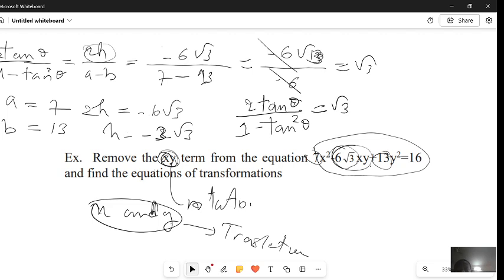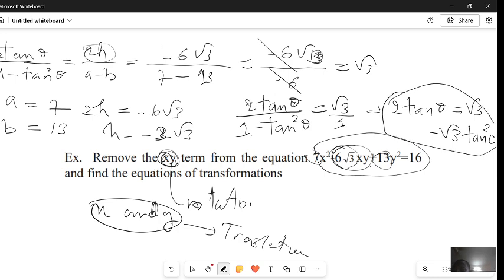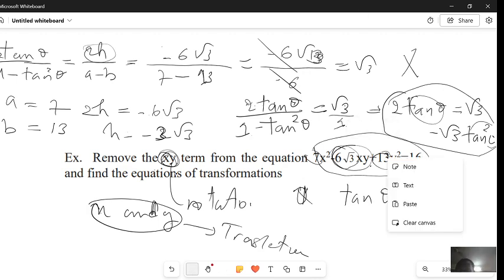We take this one into this one, it's going to be 2 tan theta equal this one multiplied by this one, square root 3 minus square root 3 tan square theta. Now if you see, we have a polynomial of second order. If I replace my tan theta as x, you get two values of tan theta, tan theta 1 and tan theta 2.